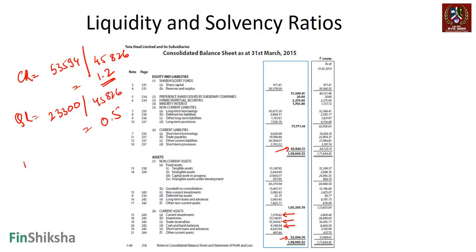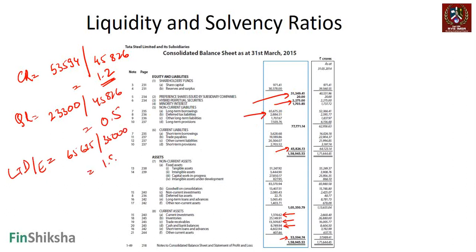Then you could look at debt to equity ratio, and you look at the long-term debt to equity ratio. You see that 65,675 crore divided by equity number is about 31,000. Even if you add all these together, because preference share is kind of equity and hybrid securities are kind of equity, that's still about 35,000 odd.